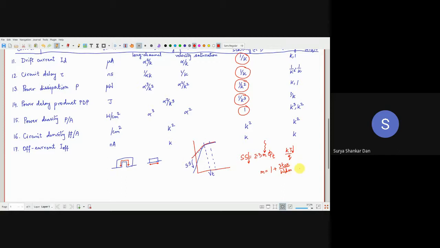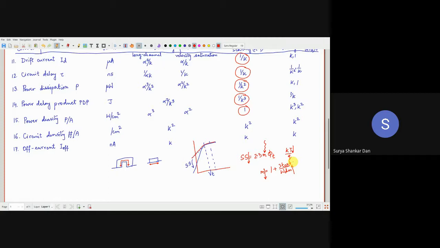So the only way to ensure that small m is as low as possible, आप क्या कर सकते हो? You can essentially increase WDM, correct? Because if you are scaling the technology, your TOX will anyway reduce.